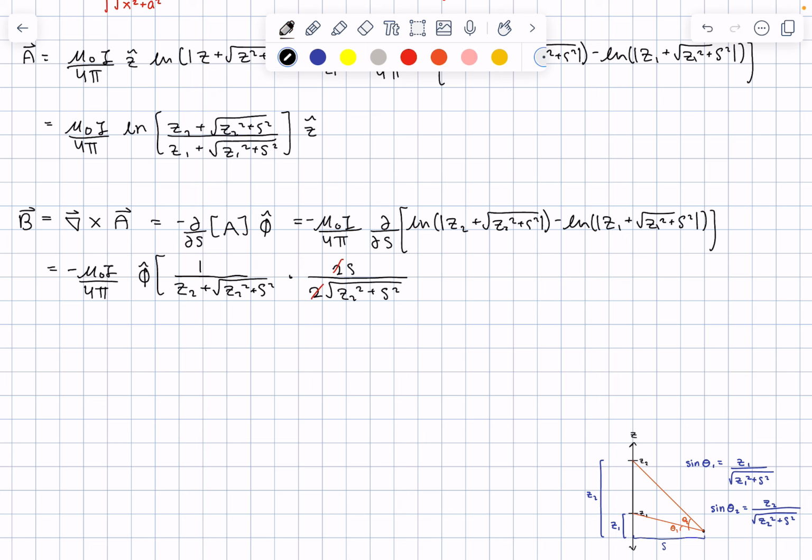And then we'll do the exact same for the second term. So we'll have 1 over z1 plus the square root of z1 squared plus s squared, and multiply that by 2s over 2 times the square root of z1 squared plus s squared.